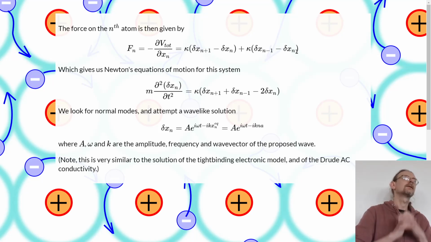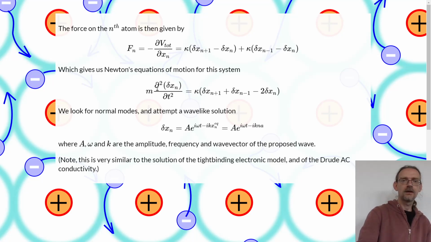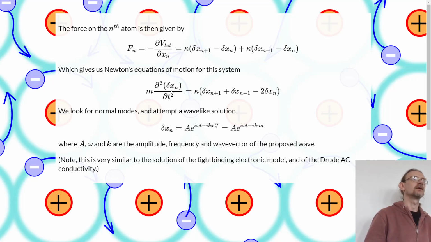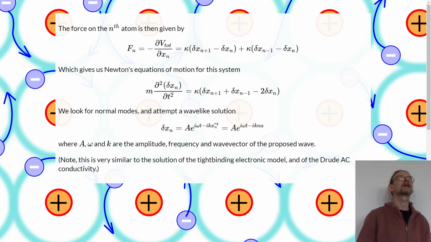This is my force in terms of the springs, and that is just going to be equal to the mass times the acceleration of that atom. So for each atom, I've got an equation, one of Newton's equations for its motion. So I've got n equations, and I've got n unknowns in the displacements of the n atoms. So I've got a set of simultaneous equations, so we should be able to solve it for these displacements of the atoms.